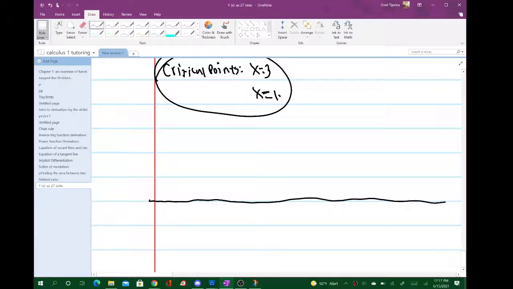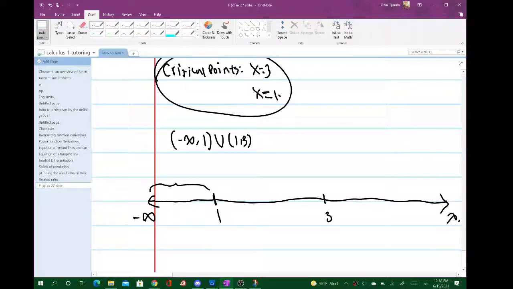Again, we're going to draw a number line, and the intervals are going to go from negative infinity to 1, union 1 to 3. So it goes negative infinity, and then you're going to go from lowest to highest: x equals 1, and then x equals 3, and then infinity, right?